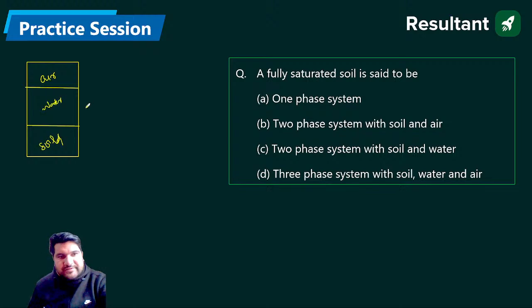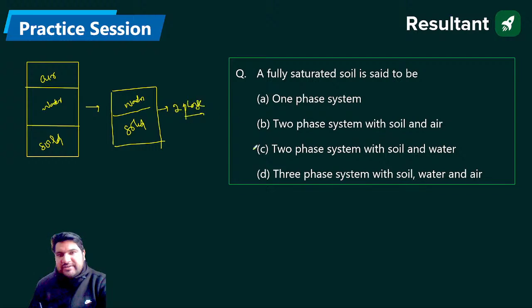If the soil is completely saturated, that means only water and soil solids are present. So it will now be a two-phase system, soil and water only.